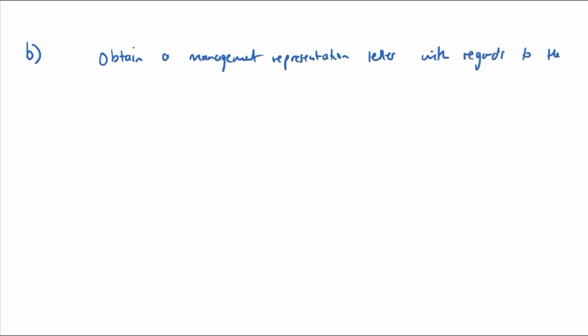So I'm doing B, and I'm going to start with the easiest one, which is obtaining a management rep letter with regards to the going concern. First mark.